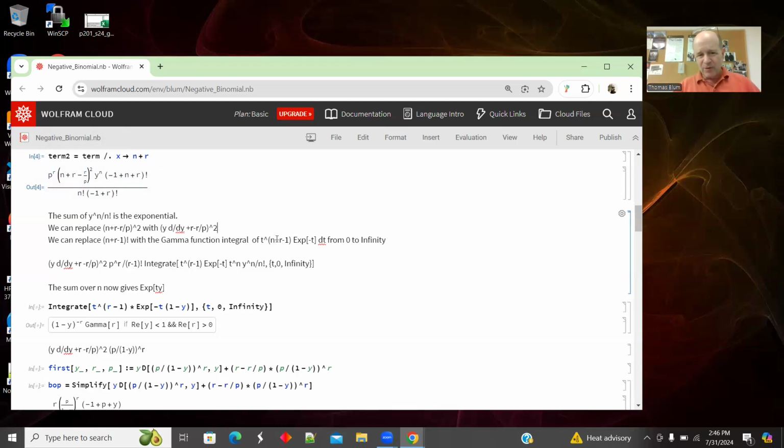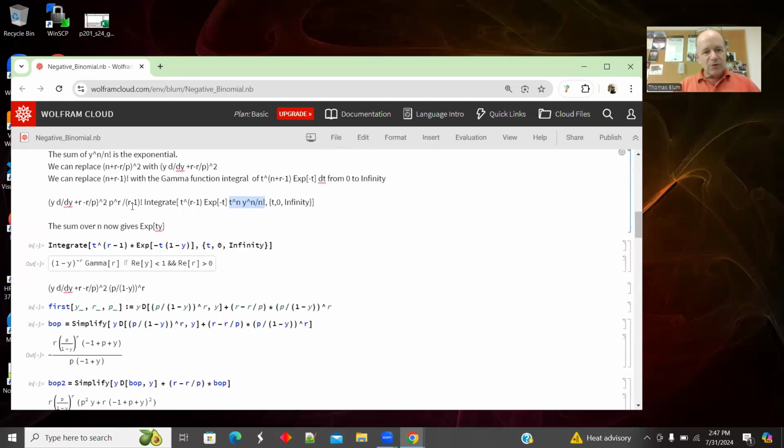So I'm going to bring out the part that doesn't depend on n outside, and have a part that does depend on n inside. So I split up my t's. Here's my stuff that depends on n now, and I can sum that from n equals 0 to infinity. That is just the exponential of ty.